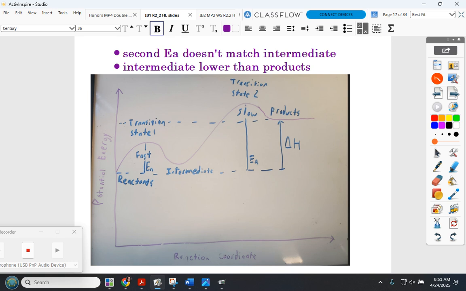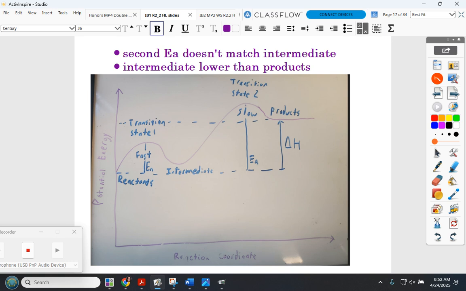And then generally speaking, I'll show you an example later where this isn't always the rule, depending on how people are drawing their energy diagrams. But generally speaking, and for all the reactions that you will be talking about in this class, the intermediate should be higher in potential energy than both the reactants and the products, because the idea is that it's a temporary state.